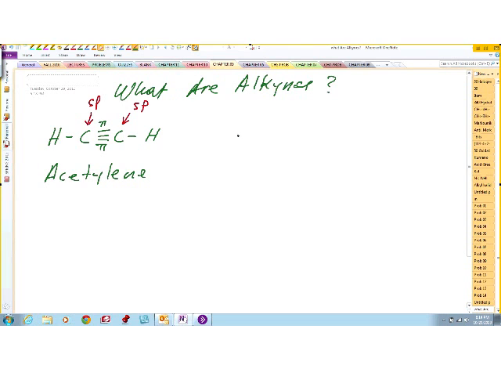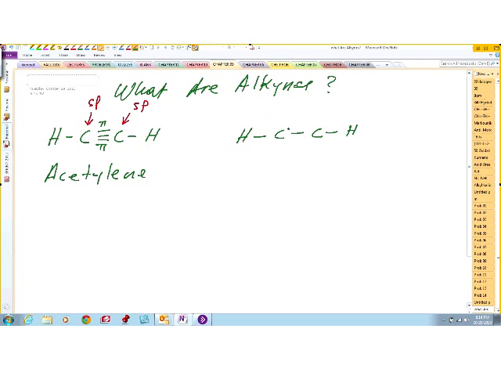So we may want to take a closer look at the orbital picture of this molecule. For example, one carbon is bonded to hydrogen using a sigma bond. Another carbon is bonded to the other carbon using a sigma bond. And the second carbon is bonded to another hydrogen atom using a sigma bond. So all of these are sigma bonds.